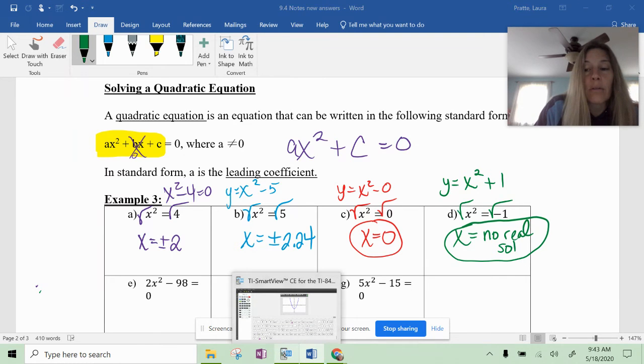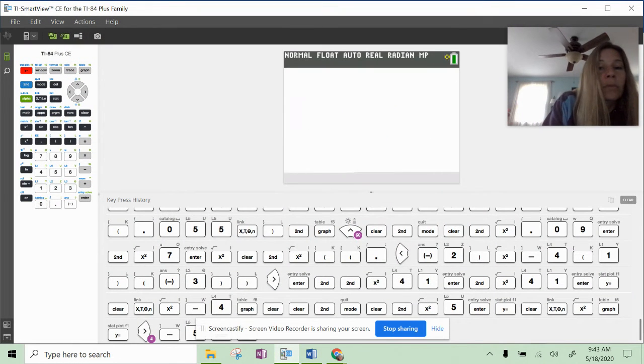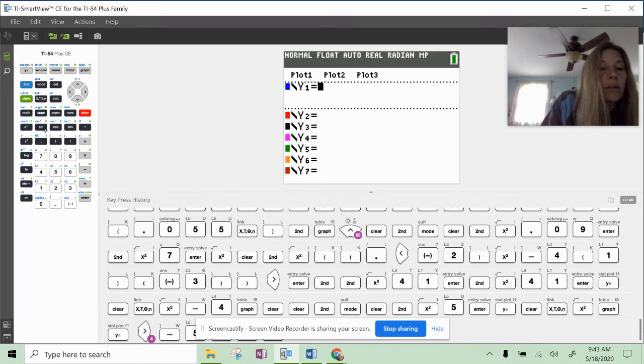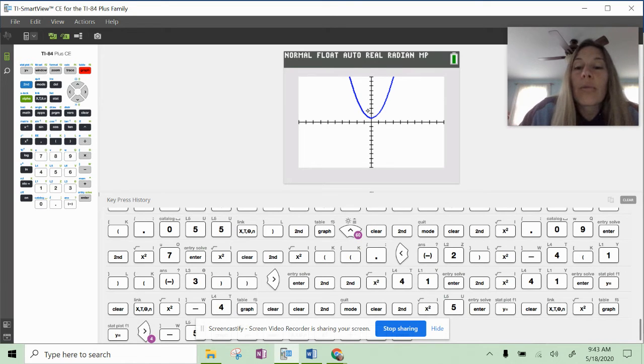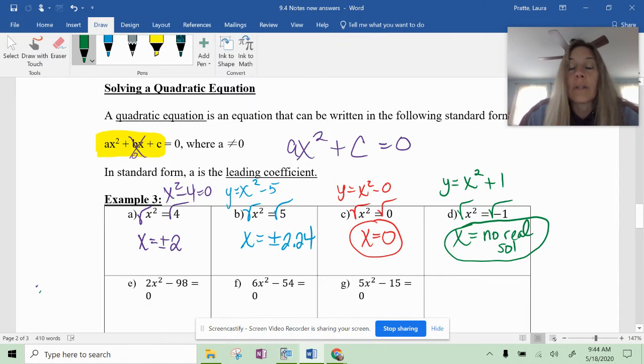So if I put that in the calculator and I do x squared plus 1 and graph it, you'll see how the parabola is kind of floating above the x-axis, which is why there are no solutions for this one, because there's no x-intercepts. The parabola does not cross the x-axis, and that's why you're getting that answer when we do it this way. So all of these can be checked on a graph.